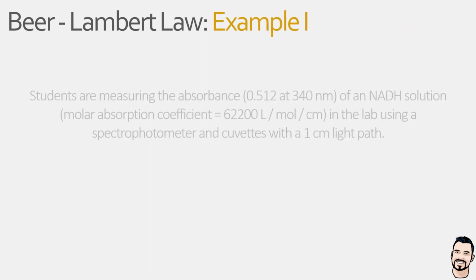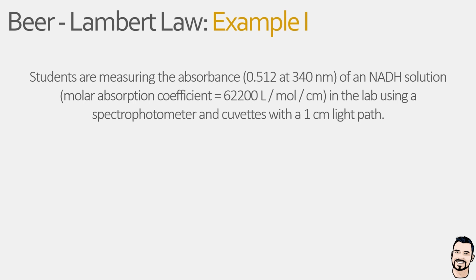And so in our first example, a student measures the absorbance value of an NADH solution which has a molar absorption coefficient of 62,200 litres per mole per centimetre. Using a 1 centimetre cuvette, the student measured the absorbance value of the NADH solution at 340 nanometers to be 0.512.